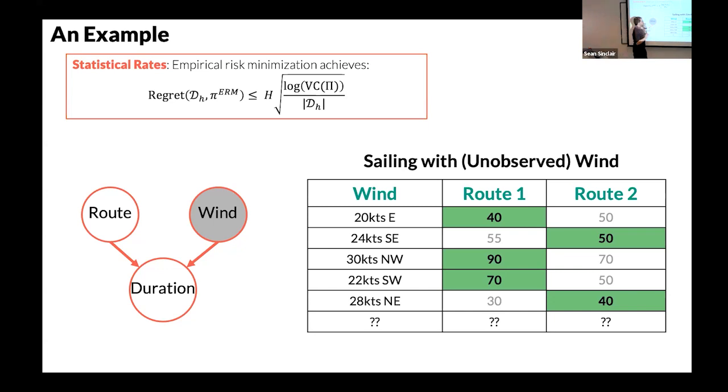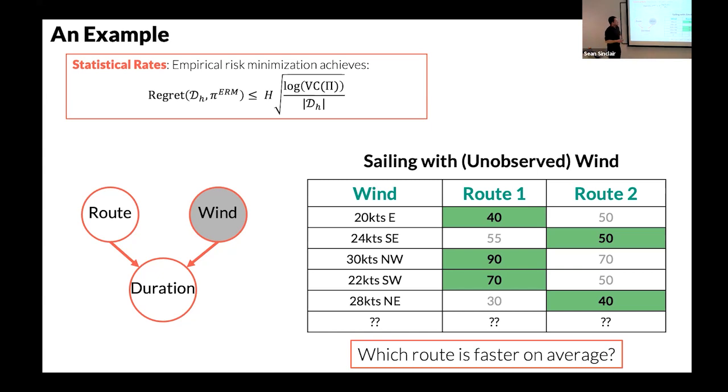So let's say on day one, you took the first route, it took you 40 minutes, and the wind was 20 knots east. On the second day, you took the second route, took you 50 minutes. On the third day, you took the first route. Fourth day, you took the second route, okay? And your goal is to decide which route is faster on average, when you're taking the average over the wind that you don't know until after you get to Toronto. Okay.